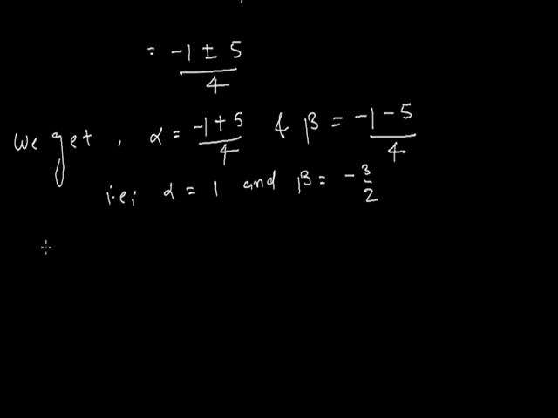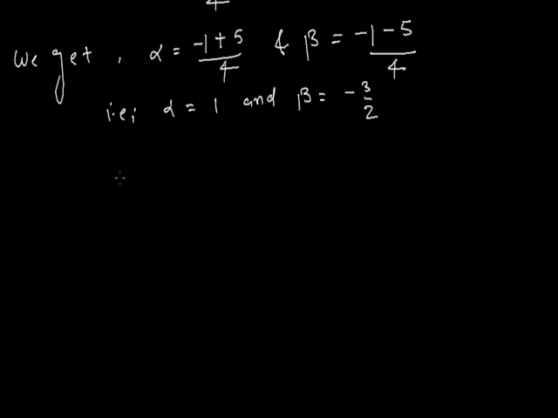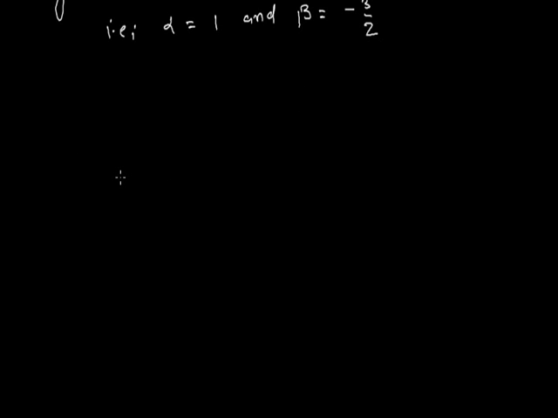Here, if we take the sum of alpha and beta, that is the sum of roots, we get 1 plus (−3 by 2). On solving this, we get −1 by 2, which is equal to −b by 2a, that is minus the coefficient of x divided by the coefficient of x².